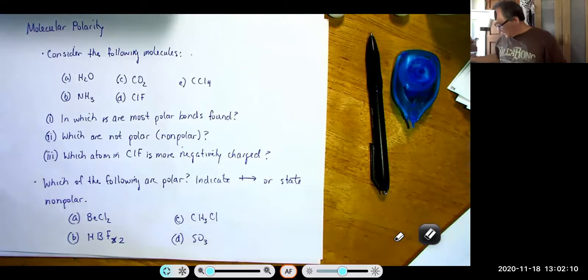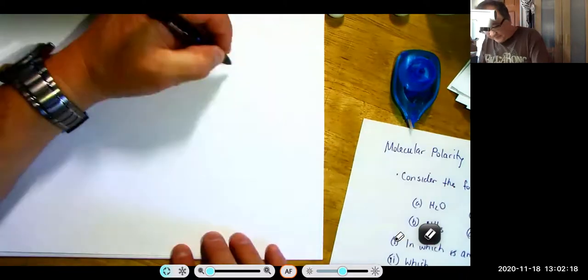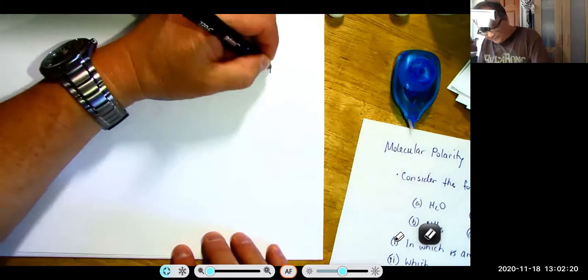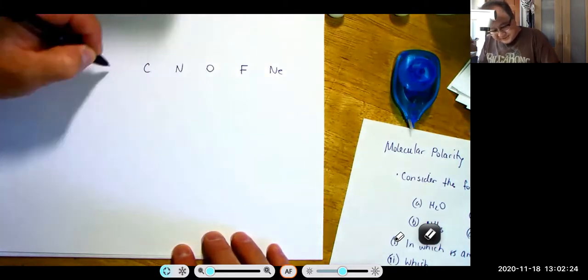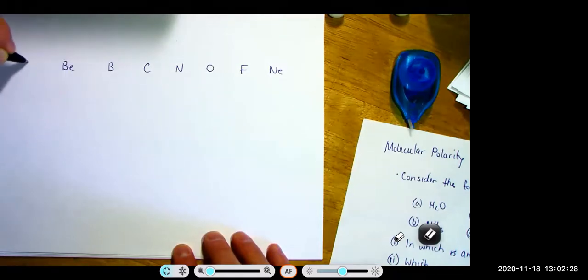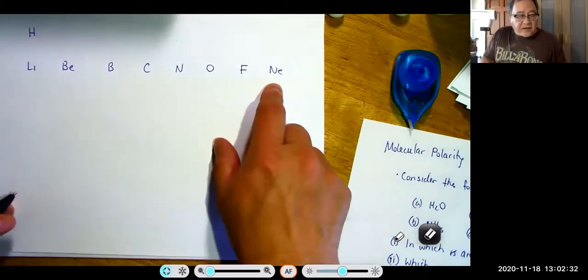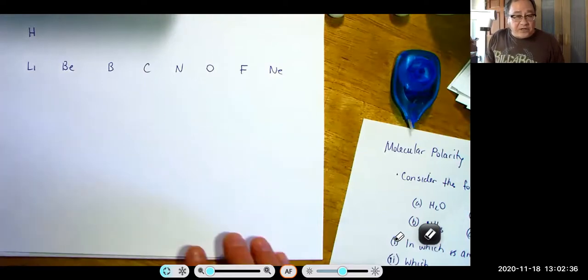We look at electronegativity. And when we look at electronegativity, I think you should memorize some electronegativities. And they are these. When I say memorize them, you don't want to memorize them exactly. You want to have a really good idea.